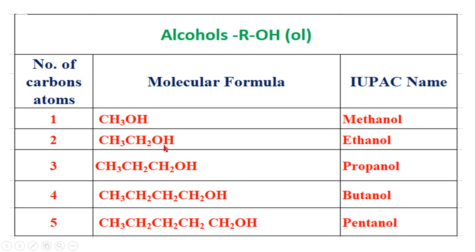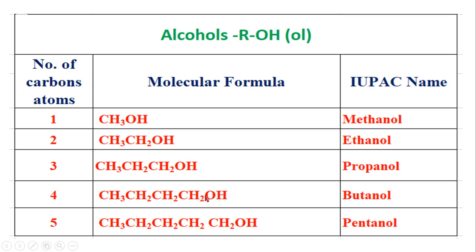Second, number of carbon atoms 2: CH3CH2OH, ethane, ethanol. Number of carbon atoms 3: CH3CH2CH2OH. The functional group is alcohol. So propane, remove E and put OL: propanol. Number of carbon atoms 4: CH3CH2CH2CH2OH.